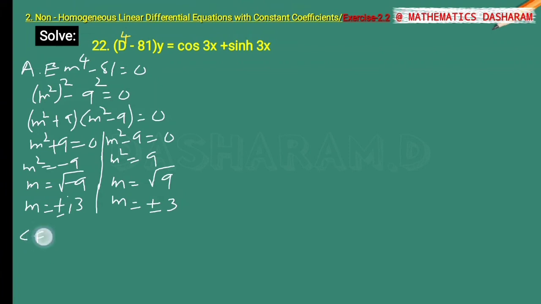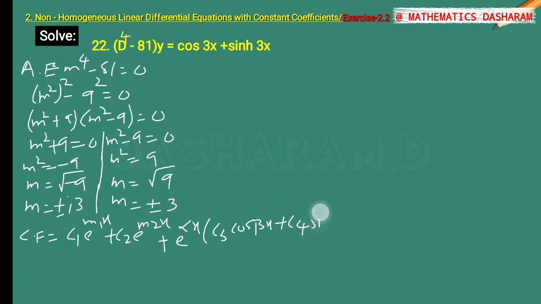So the complementary function is c1 into e to the power of m1 x plus c2 into e to the power of m2 x for the real roots, and for the complex roots e to the power of alpha x bracket of c3 into cos beta x plus c4 into sin beta x.